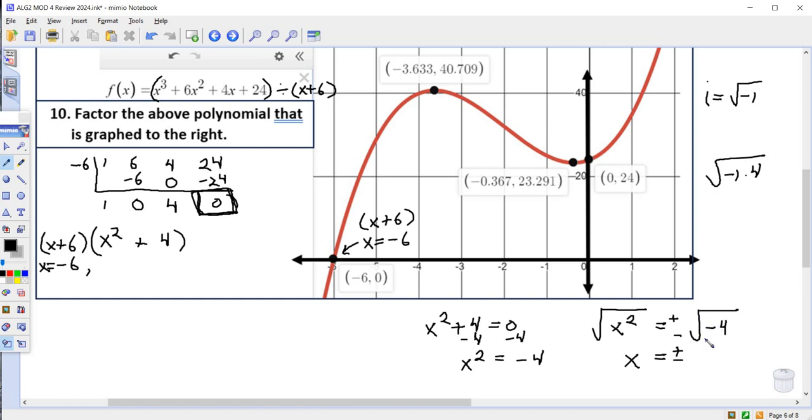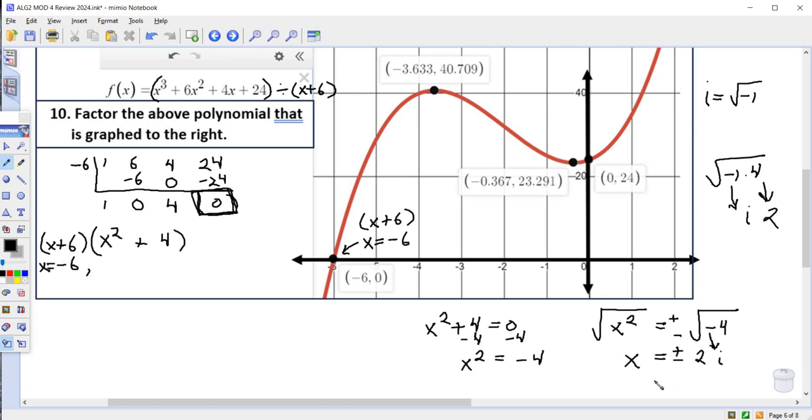Whenever you see a negative underneath the square root, you can just take that negative 1 out and call it i, because that is what i is defined as. i equals the square root of negative 1. So that's how we handle the problem with the negative under the square root. And we know that the square root of 4 is 2.